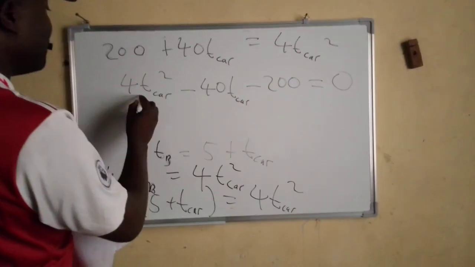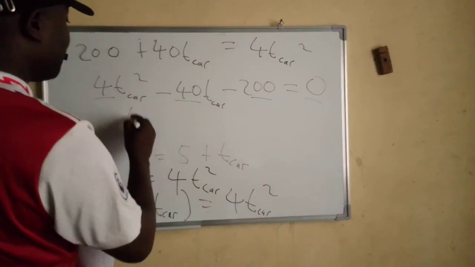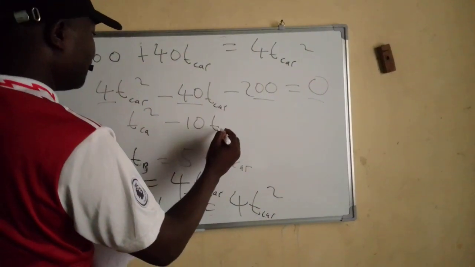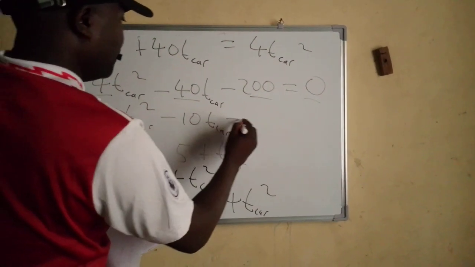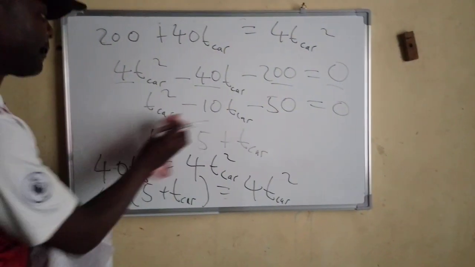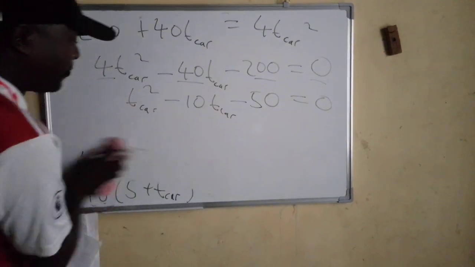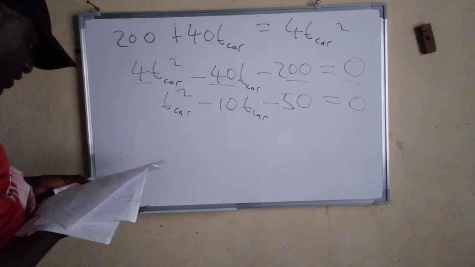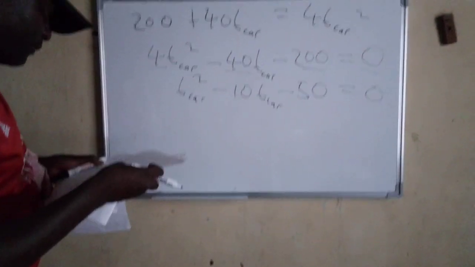We divide this equation by 4, and it reduces to t squared minus 10t minus 50 is equal to 0. So we should solve this equation for the time taken by the car.